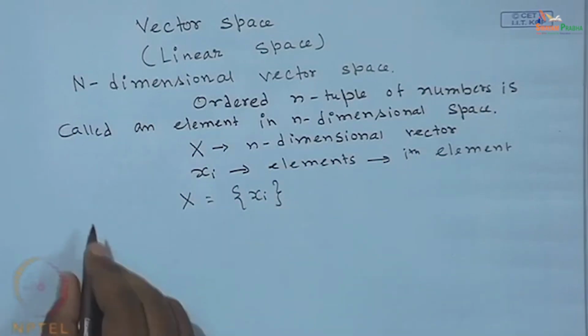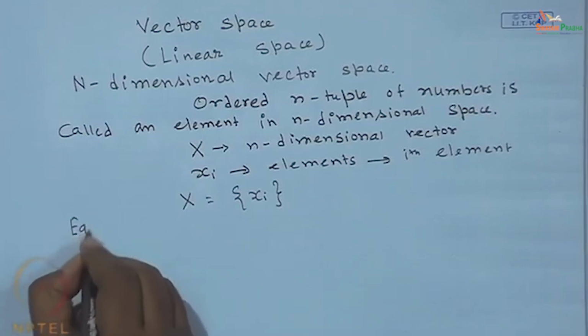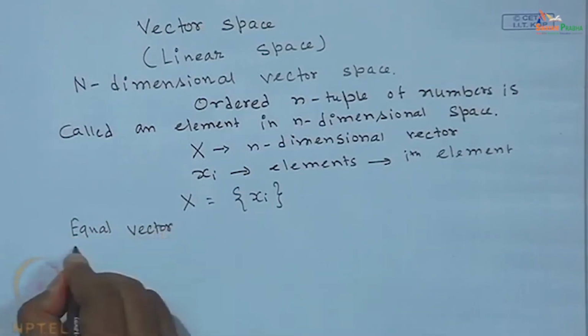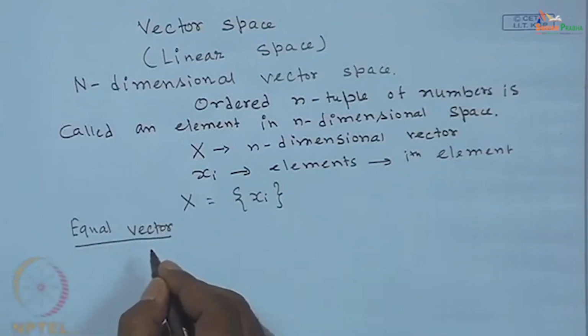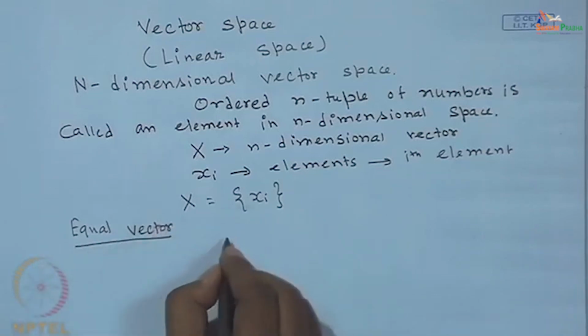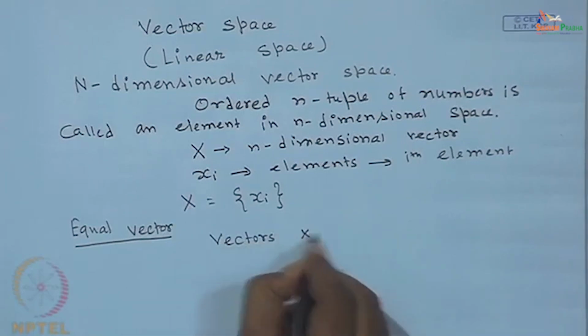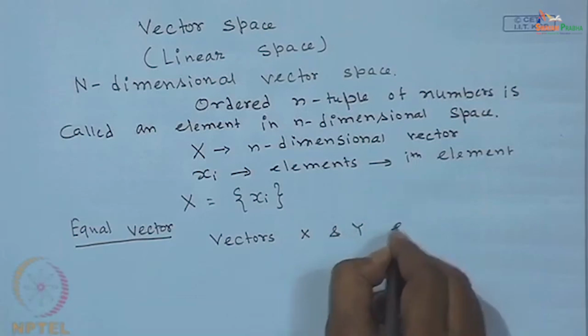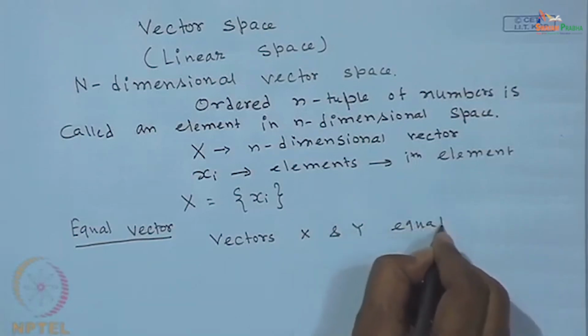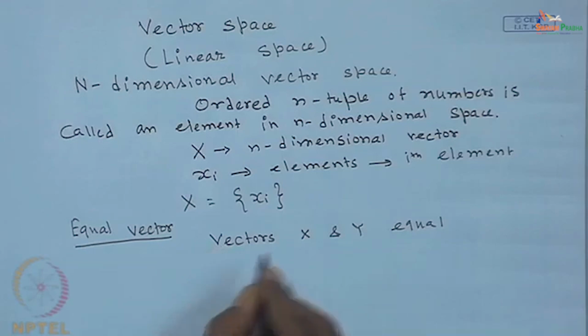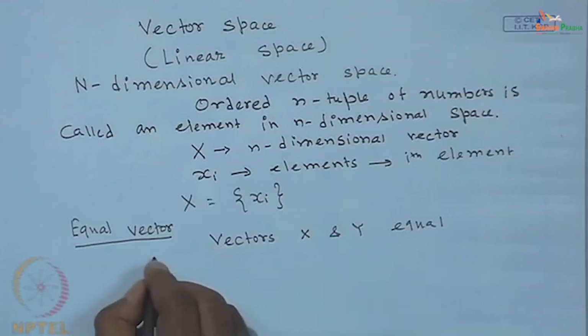Okay. Next we talk about the definition of an equal vector. We call the two vectors x and y equal if and only if all the corresponding elements of these two vectors are identical.